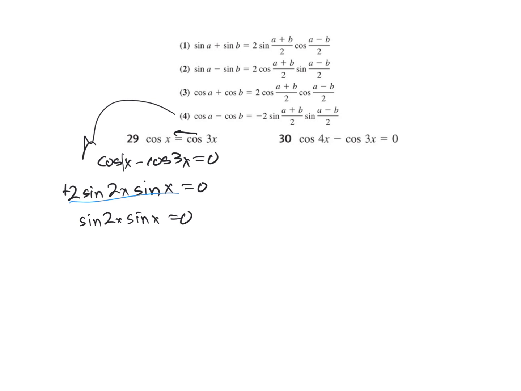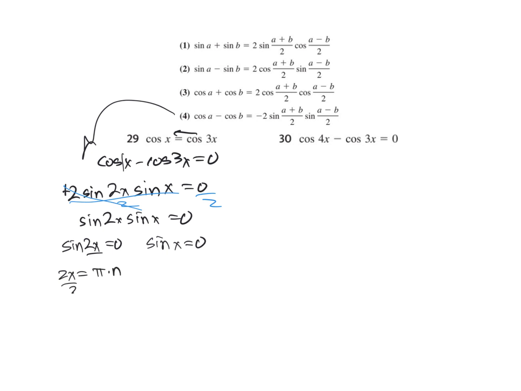So what did I do there? I divided everything by 2. That coefficient goes out, and 0 over anything is 0. So now we have sine of 2x times the sine of x. Sine of 2x either equals 0 or the sine of x equals 0. Where does the sine of any value equal 0? Sine equals 0 at 0 and pi times n.